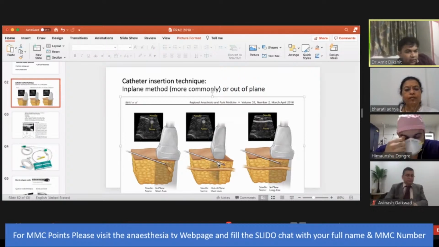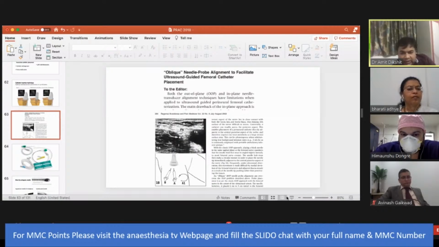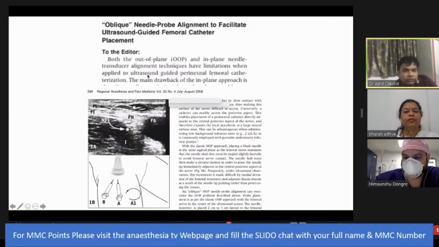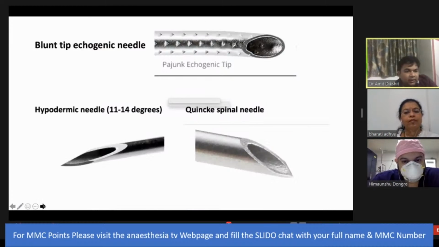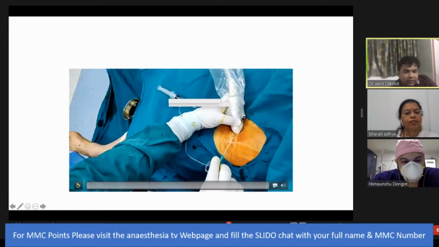So what I tend to do is apply and utilize this oblique approach, in which we see the femoral artery and the catheter is slowly moved obliquely. I hope I have a video. Yes, I have a video for that.